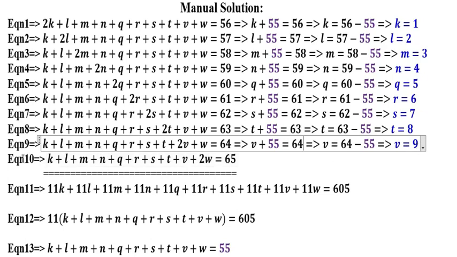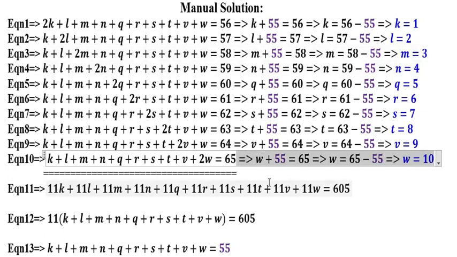Then compare equation 10 to equation 13. They are the same except equation 10 has one extra w. That means equation 10 is w plus 55 and it is equal to 65. That means w equals 65 minus 55, w equals 10.